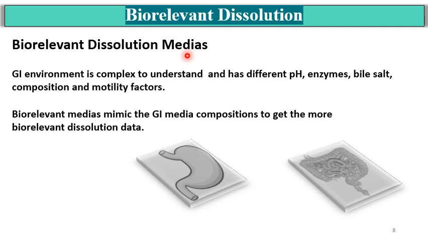The GI environment is complex and hard to understand, because there are different parameters, like different pH, enzyme concentration, presence of bile salt, and the motility factors. These all factors affect the biorelevant dissolution. Biorelevant medias mimic the GI media composition to get more biorelevant dissolution data. That's why these medias are used.